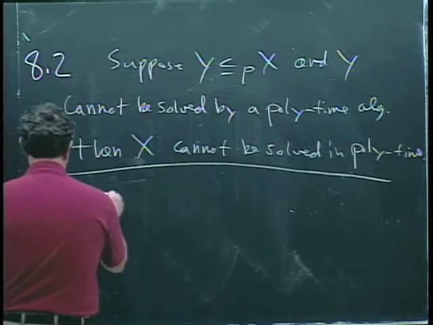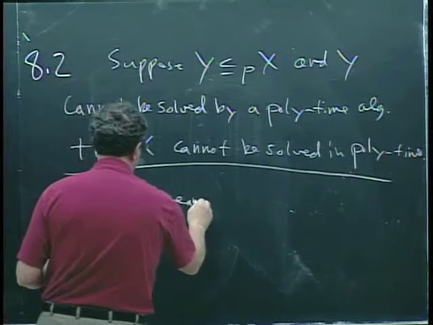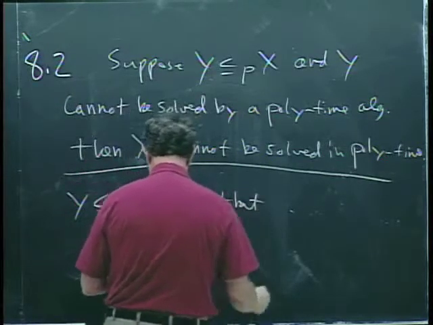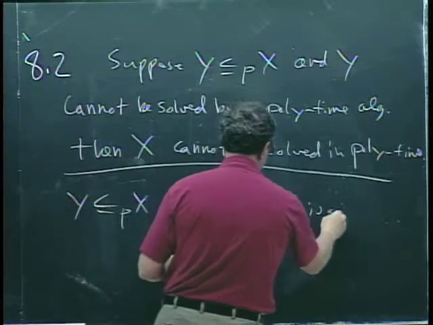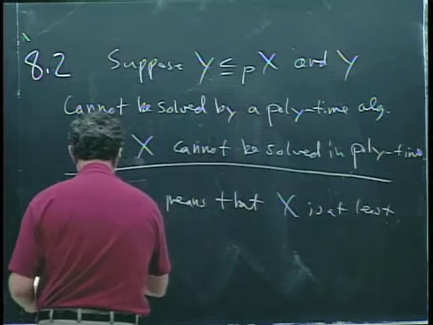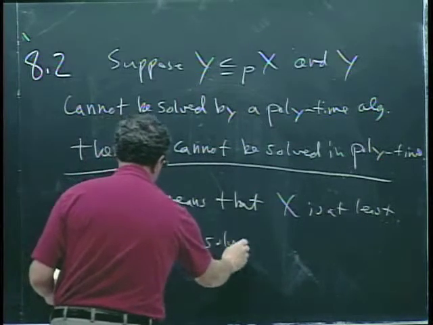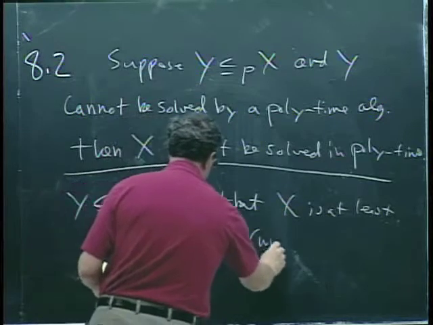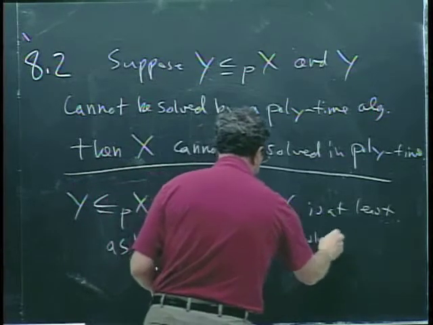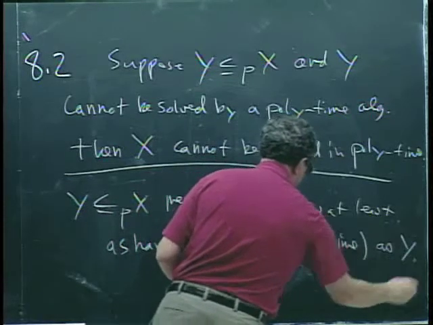So y polynomial time reducible to x means that x is at least as hard to solve, at least with respect to polynomial time, as y.